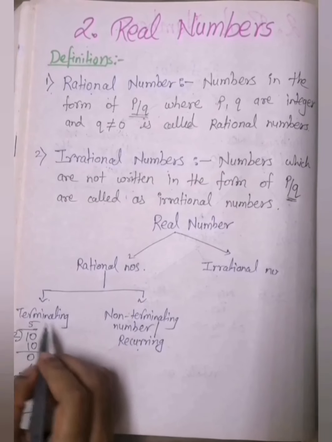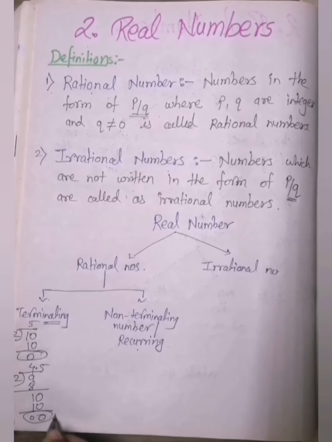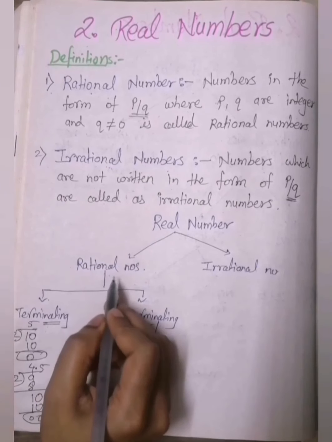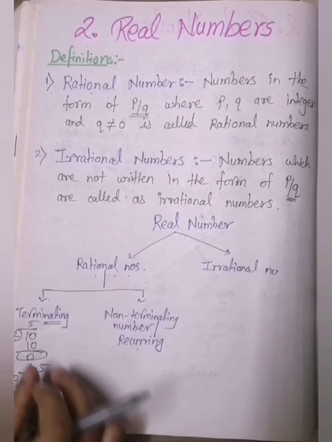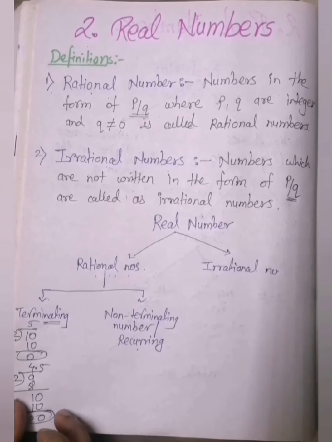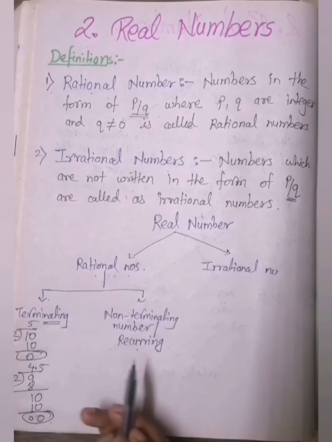Always remember that in terminating form we get a remainder 0. So this is a terminating form of a rational number. Clear, students? In this way we solve terminating numbers, and we can identify them easily when we get a remainder of 0. Always remember that.